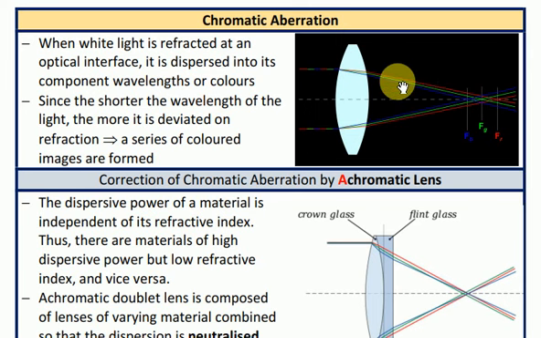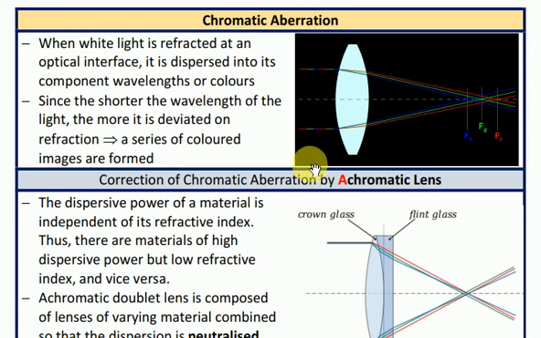The shorter the wavelength of light, the more it is deviated on refraction. Thus, a series of colored images are formed when white light is incident upon a spherical lens. When lenses are used in instruments, it is desirable to eliminate chromatic aberration.